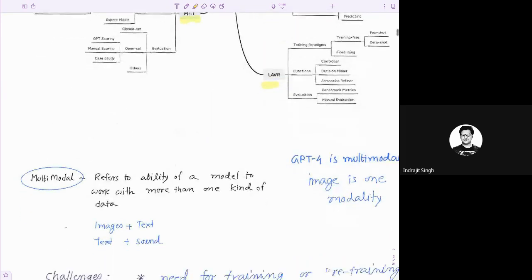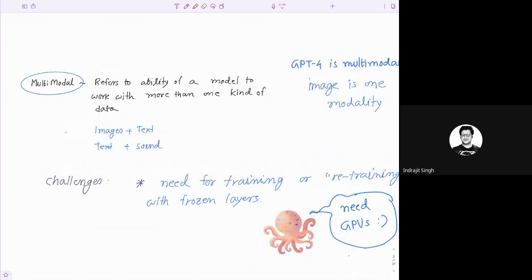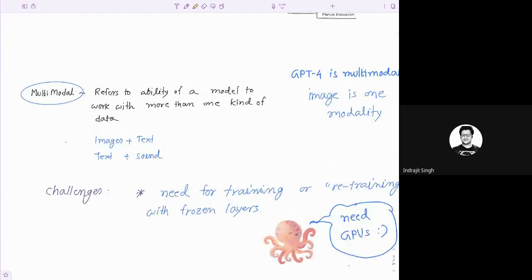But before that, let's understand what exactly this multimodal means, right? Multimodal refers to the ability of a model to work with more than one kind of data, right? Probably image plus text, or text plus sound, or video plus text, right? Now this is something that I think is more like a human. Honestly, all of you are by now familiar with and have used ChatGPT, right?